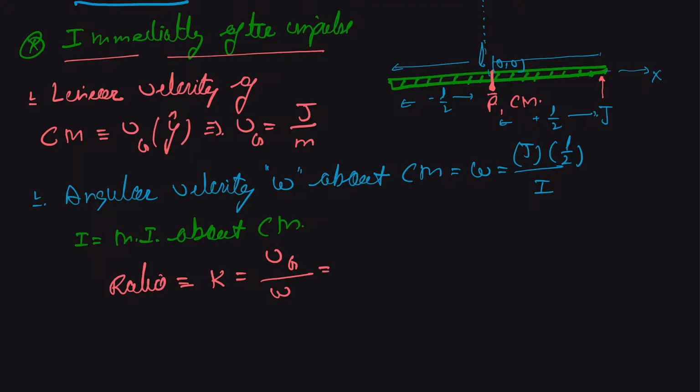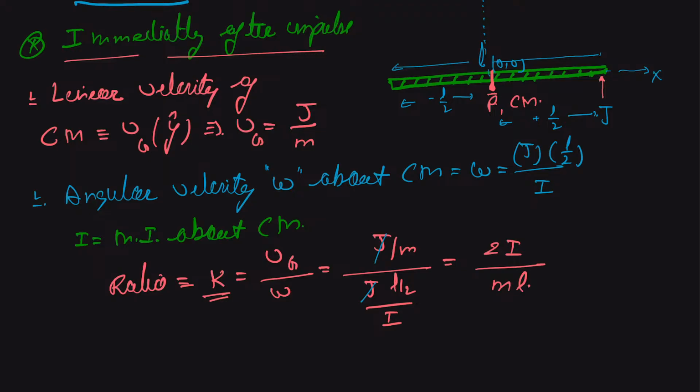This ratio comes as Vg, which is J upon m, divided by omega, which is J L by 2 upon I. So J and J cancel out, and this comes as 2I upon m times L. We are interested in this ratio because none of the other parameters are going to matter.